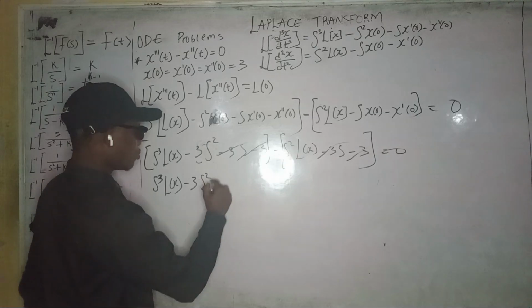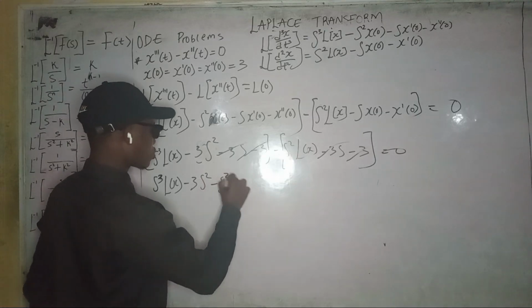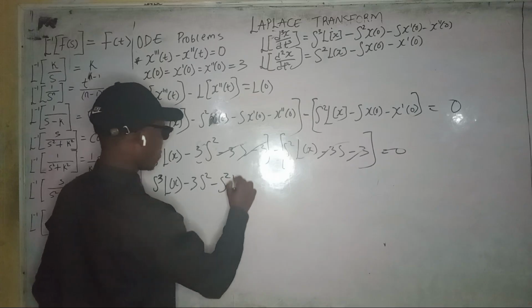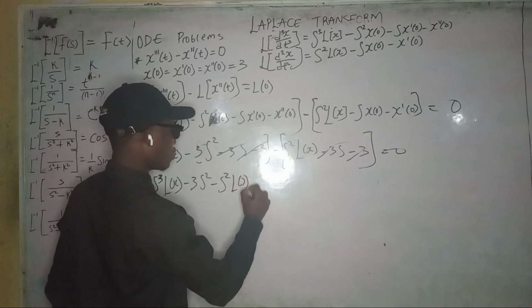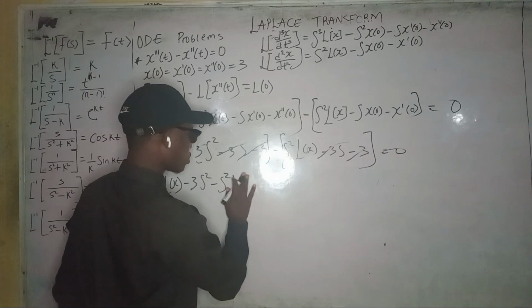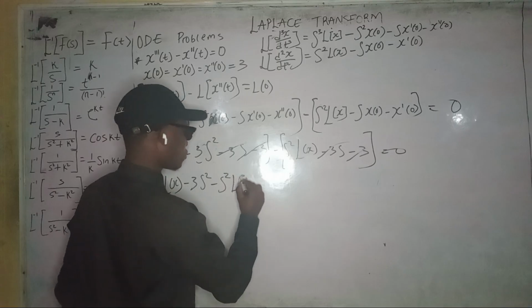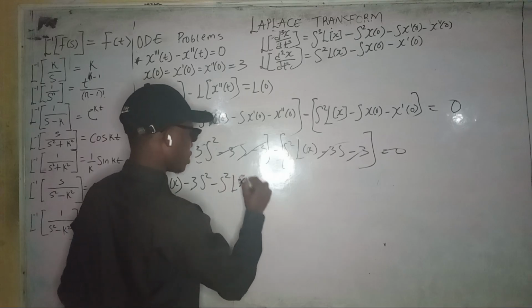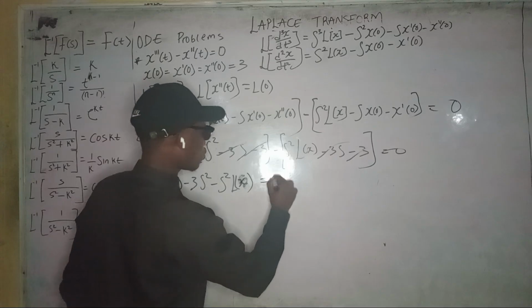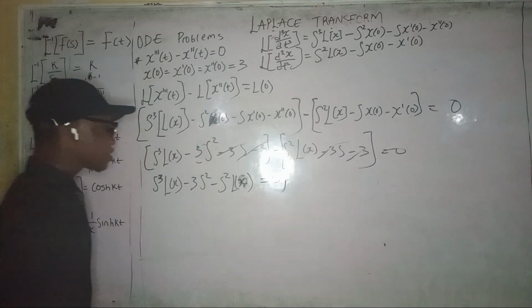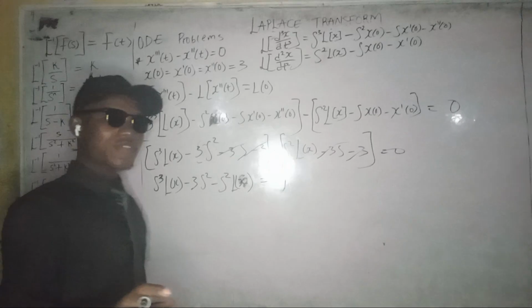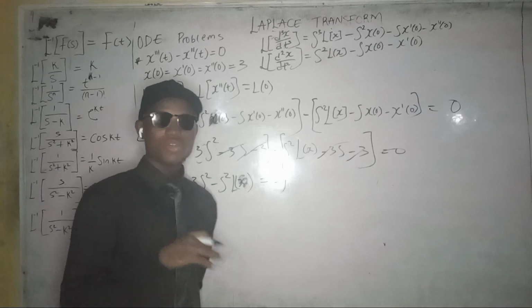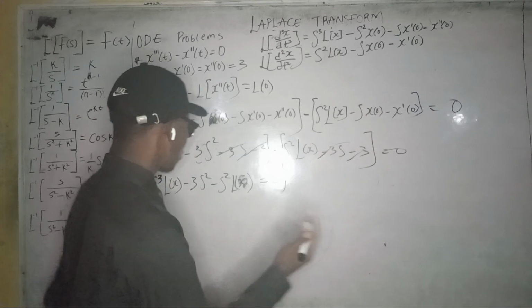Then here, if we open the bracket, we have minus s squared times the Laplace transform of x, plus 3s squared, equal to 0. So one thing that we can do here is put all the Laplace transform of x on one side, and the terms that do not have the Laplace transform of x on the other side.